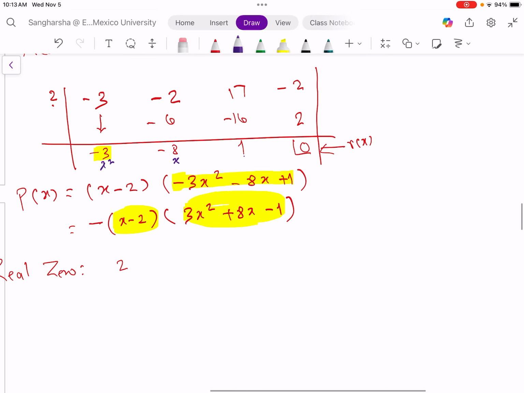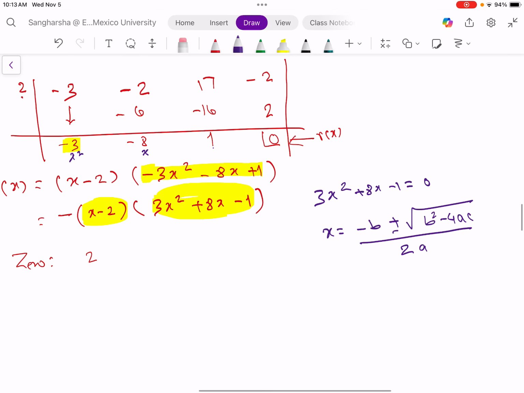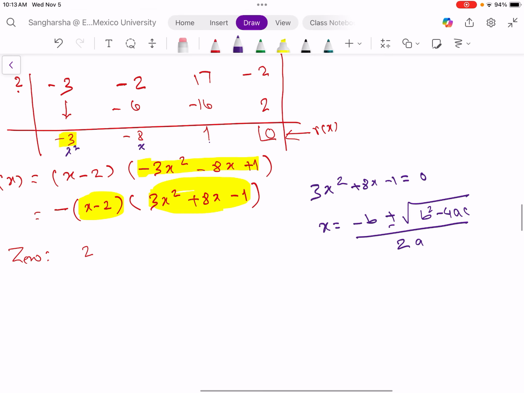So what we do, we write down that factor and set it equal to 0. We have a quadratic equation, and let's solve this quadratic equation using the quadratic formula. If you can't factorize, you use the quadratic formula. If you can factorize, you factor and find the x that makes that factor equal to 0.